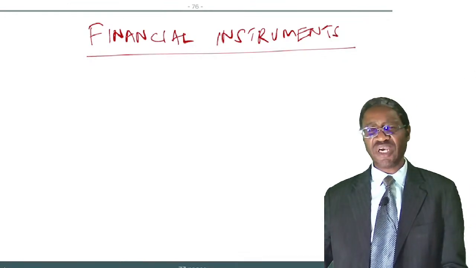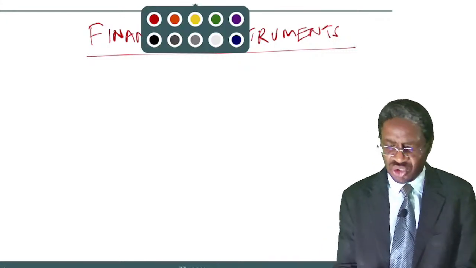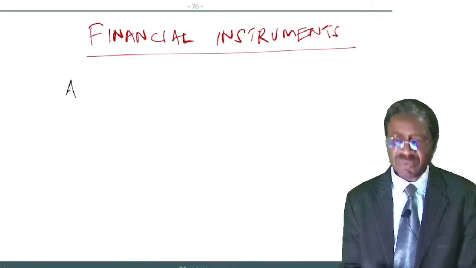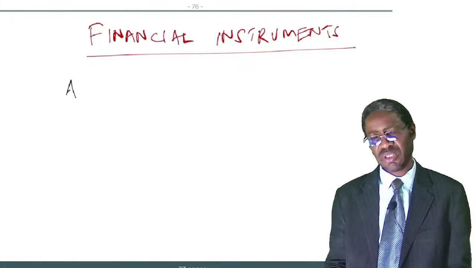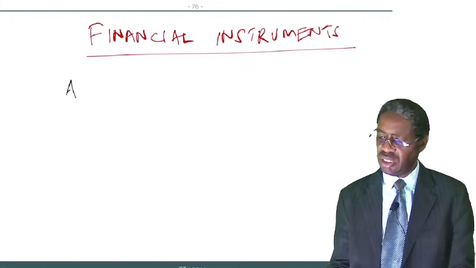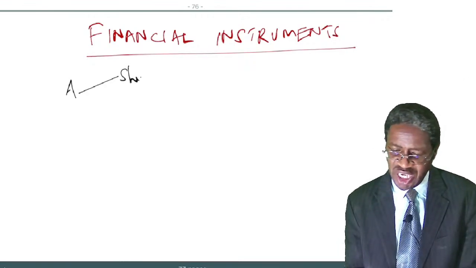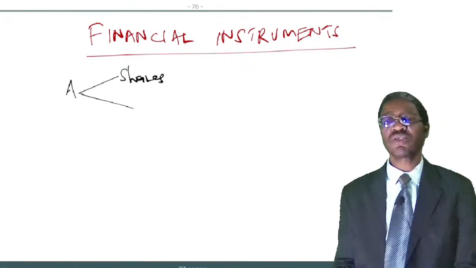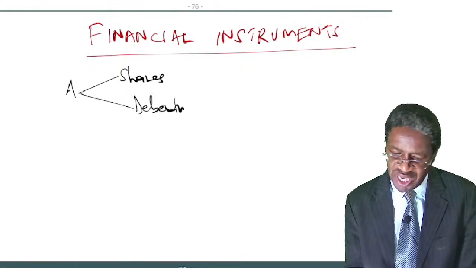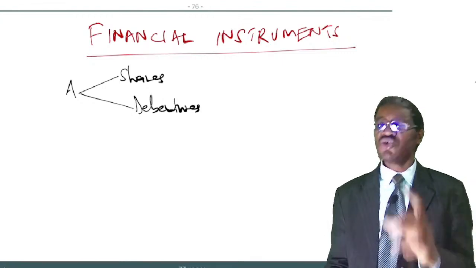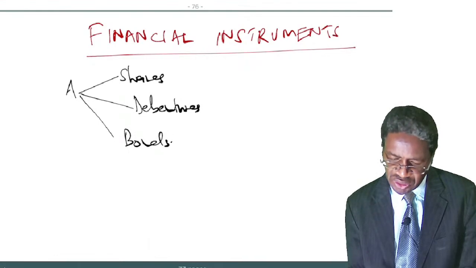But before I define what it is, let me look at it from this perspective. Assuming you're a company A and you want to borrow finances to finance your business, you could decide that you are going to raise finances by issuing shares, or by issuing debentures, or by issuing bonds.